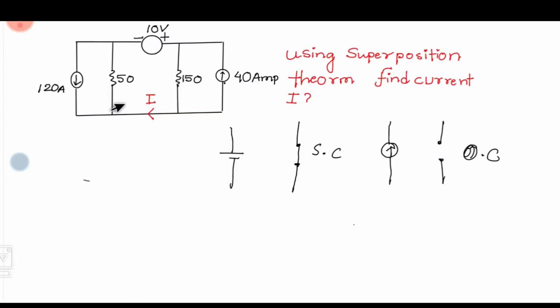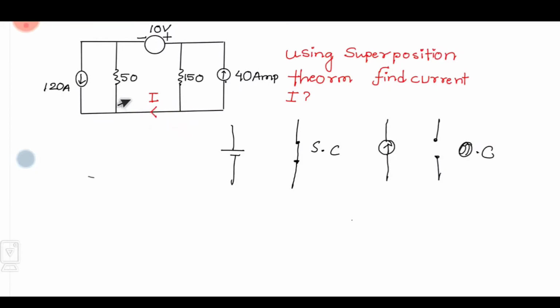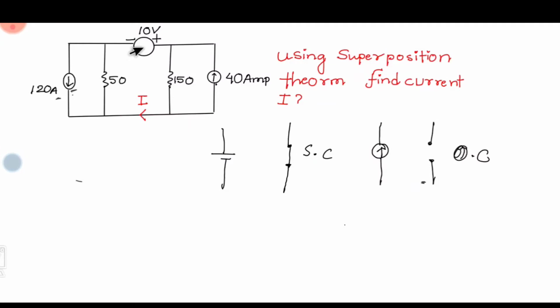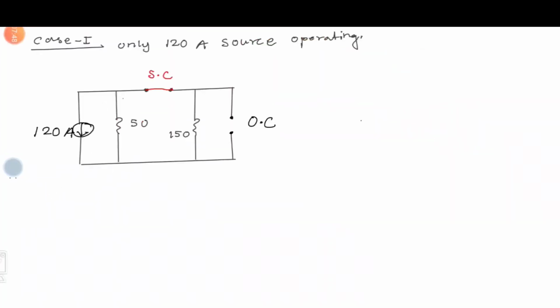Now in the first case we will consider only this current source, and these two sources will be replaced. Now look, this is case one. In this case we have considered only this current source and the remaining two sources are replaced.